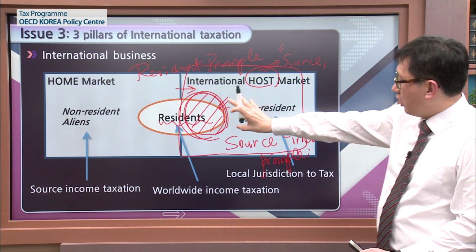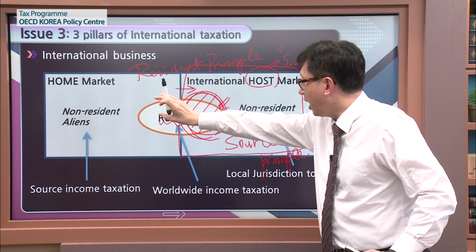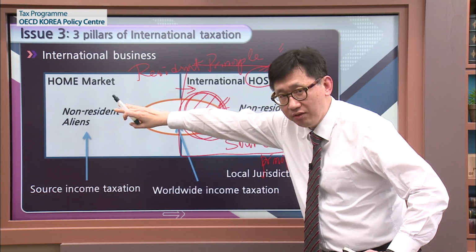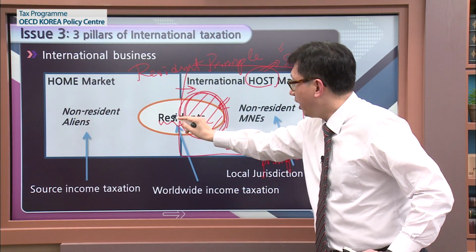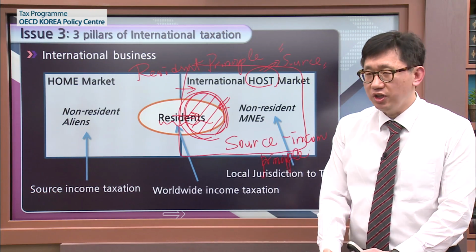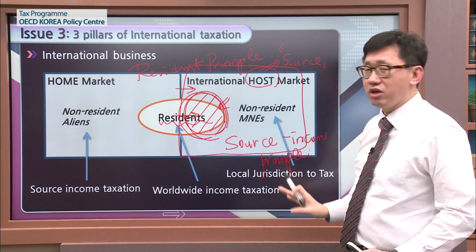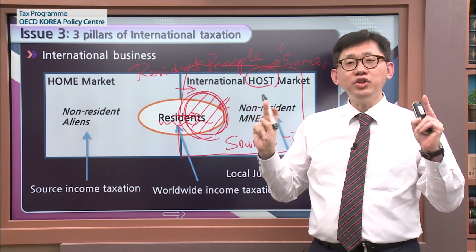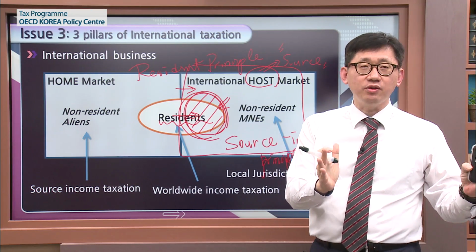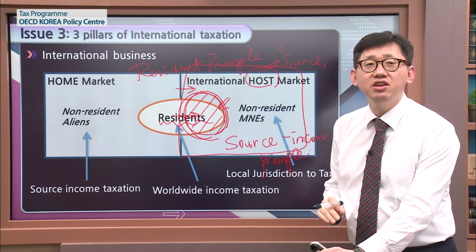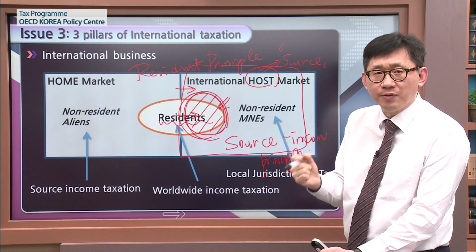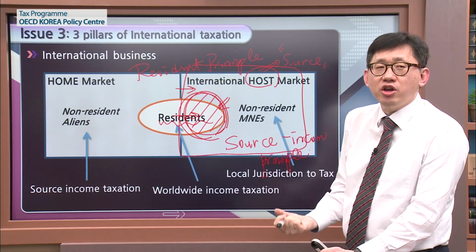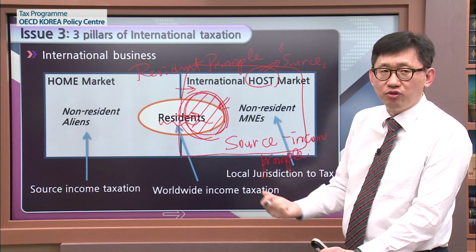So when a company, a resident of the home market, starts international business and expands its scope of business toward the international market, there are two tax regimes. One is the domestic tax authority, and the other is the international tax authority. They each require their fair share as a distribution.